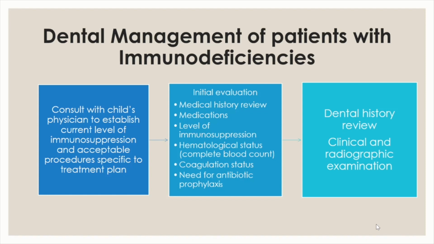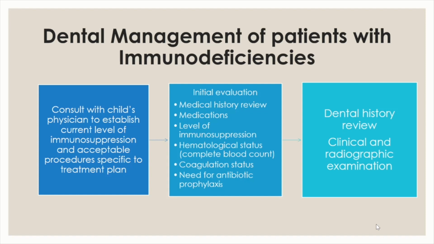We also need to know the type of medications that the child is taking and the level of immunosuppression. For hematological status, it is important to include a complete blood count, the CBC, with white cell differentials and platelet count, which need to be evaluated before initiating invasive dental procedures.